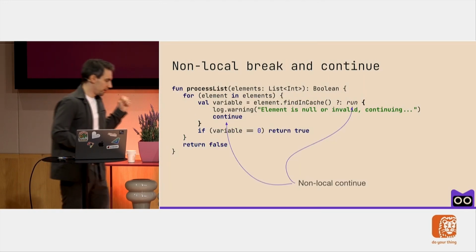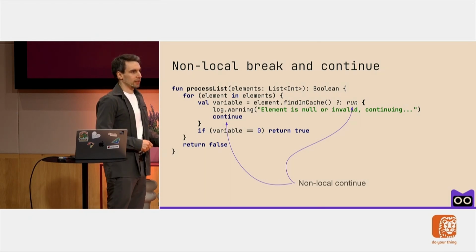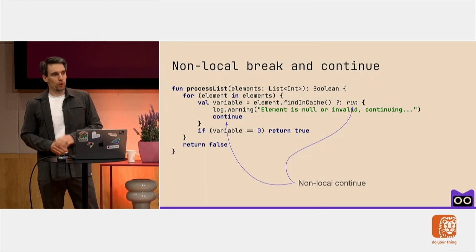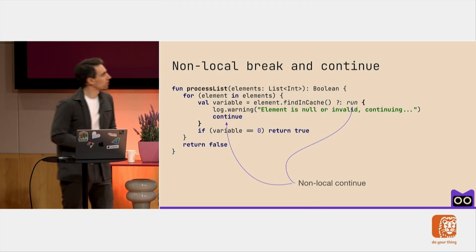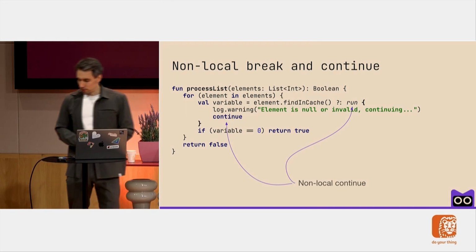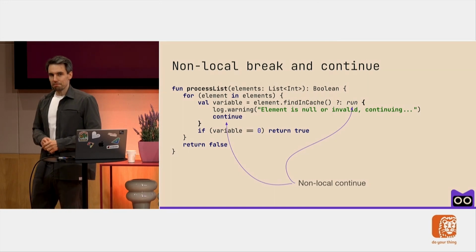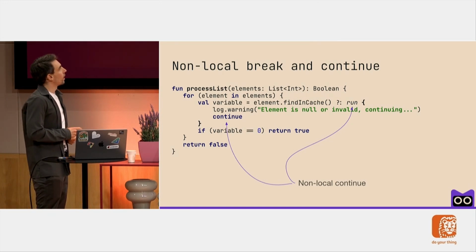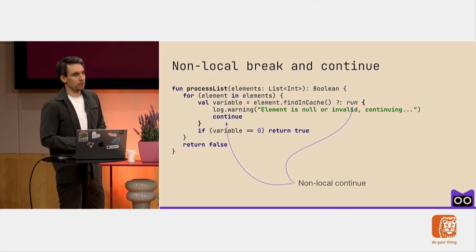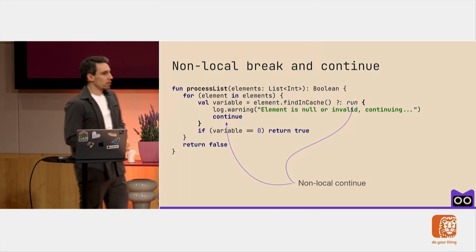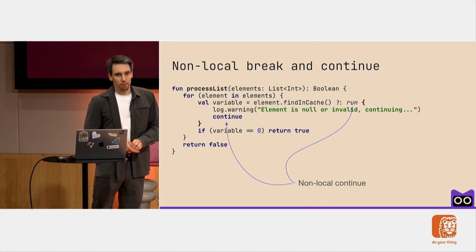And the last feature is actually not a syntactical one. It's more that we just decided to remove one of the restrictions about non-local break and continue. If you are in a for loop and you are using inline functions like run, with, or let and so on, it was impossible to use continue and break inside them.